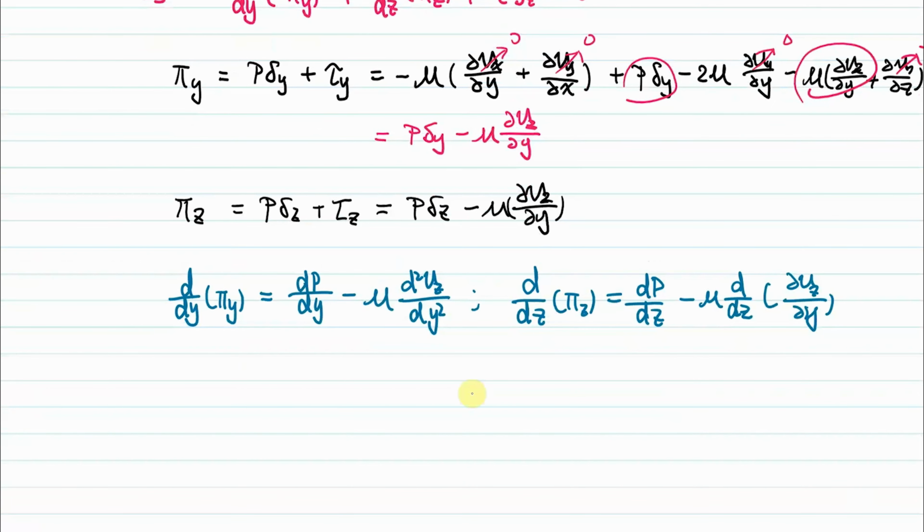You see that this is not changing with z, so this term is 0, and also pressure doesn't change with y. So finally, you have mu d squared Vz dy squared equals dP/dz plus rho gz.